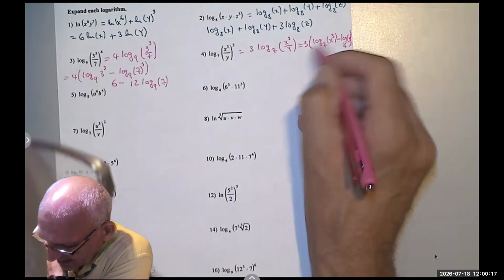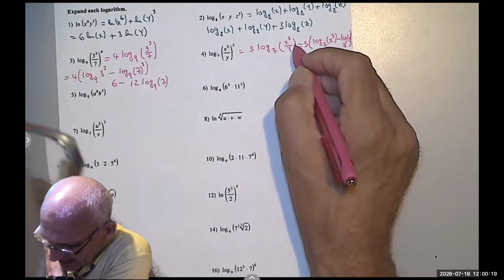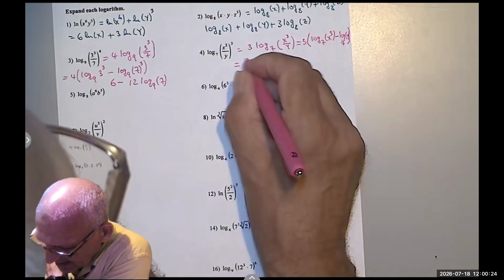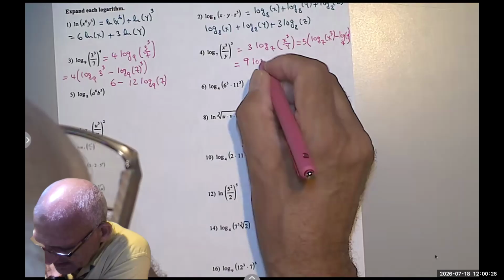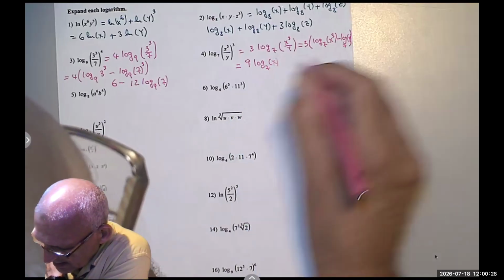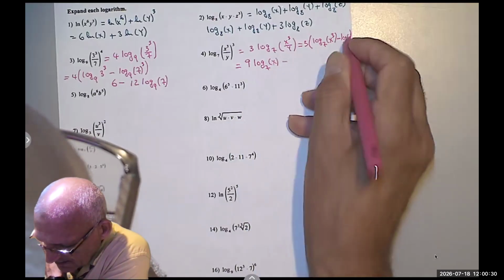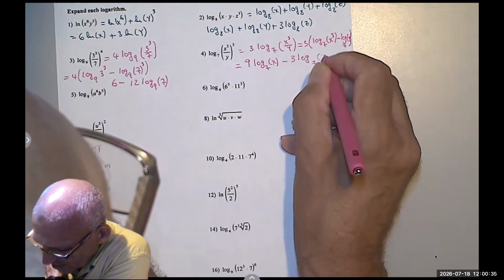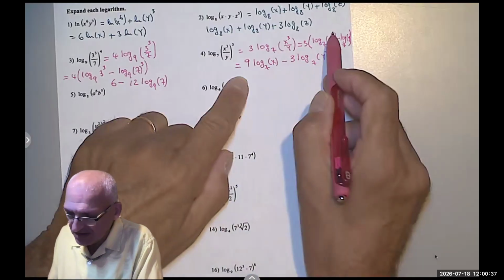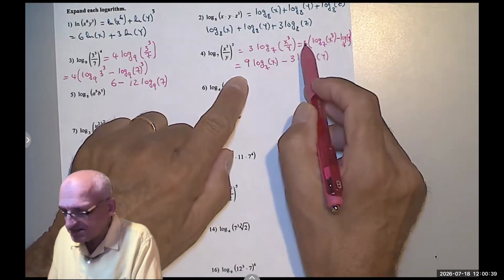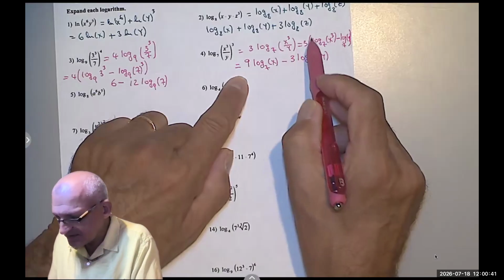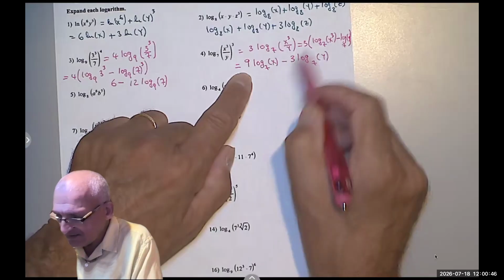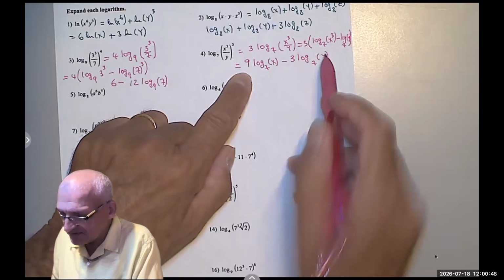This 3 would come down, and maybe I can multiply it by the other 3 in one step to save time. So I get 9 log to the base 7 of x minus only 3 log to the base 7 of y. Notice this 3 came down, and then I distributed the 3. So I say 3 times 3 log 7 of x minus 3 times log to the base 7 of y.